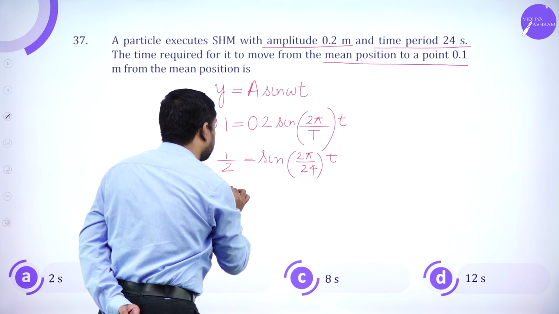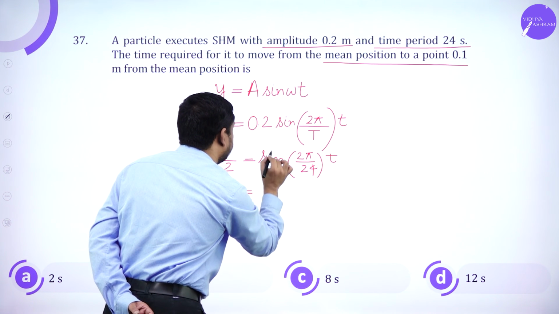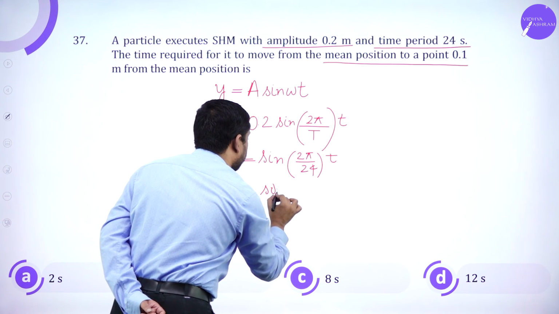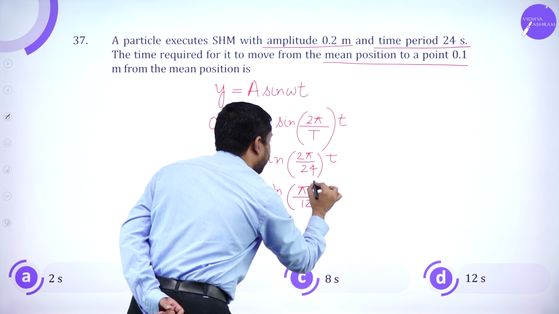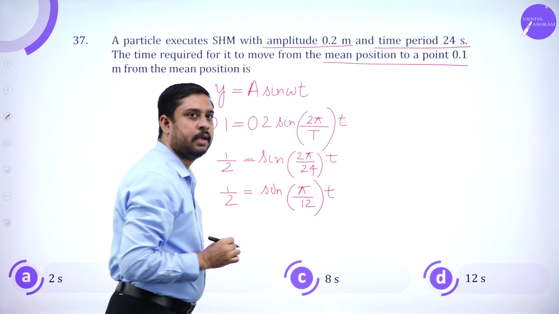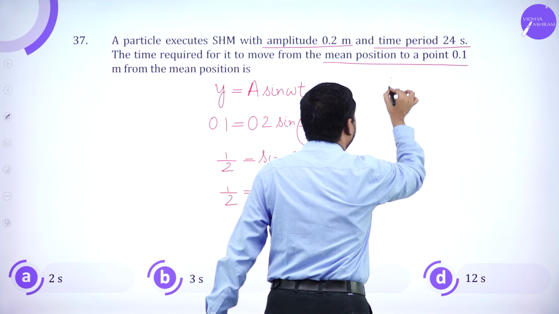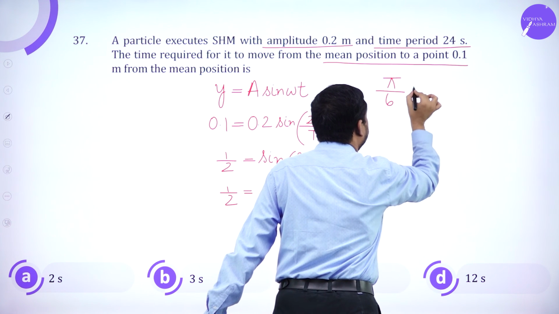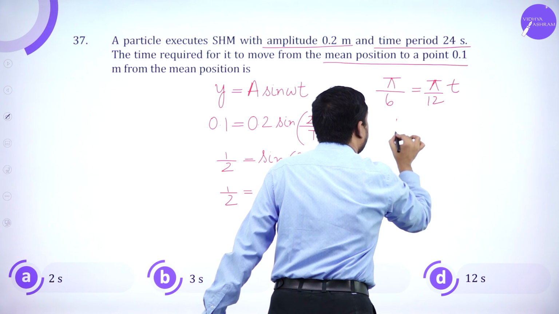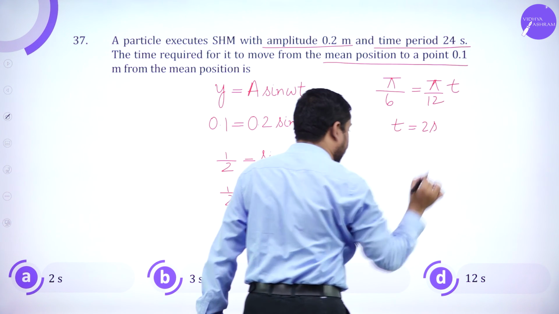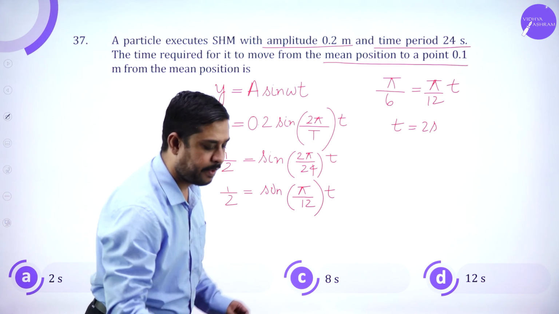So this can be written as half equals sin of pi by 12 t. Sine inverse half is pi by 6, which equals pi by 12 times t, or t equals 2 seconds. So the answer is 2 seconds.